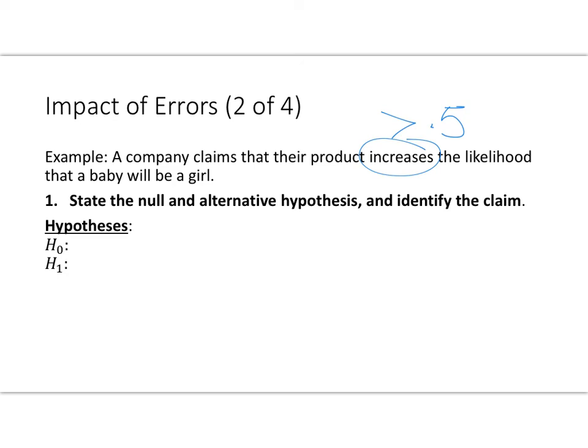And if we're talking again about babies, we're talking about a population. So population proportion, or P, is greater than 0.5, and this is our claim. So then our null is going to be P is less than or equal to 0.5.